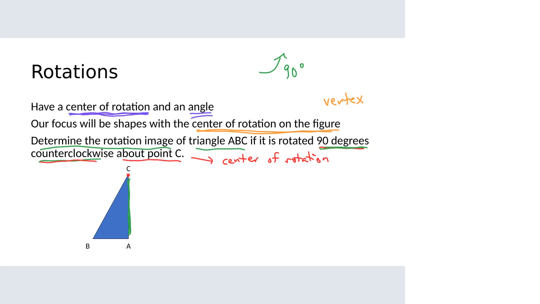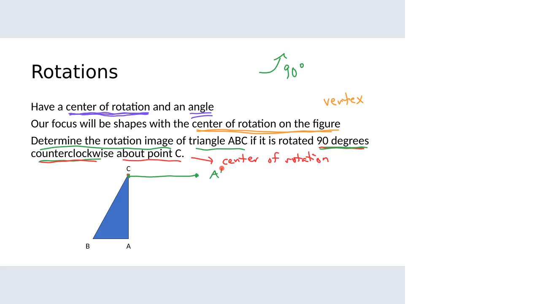When we go 90 degrees, something that's vertical is going to become horizontal. So if I go 90 degrees counterclockwise, this direction, this vertical line right here, CA, is going to go from being a vertical line to a horizontal line. And A prime is going to be over there.